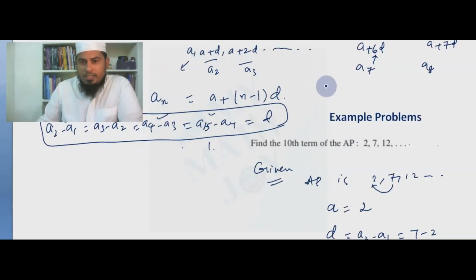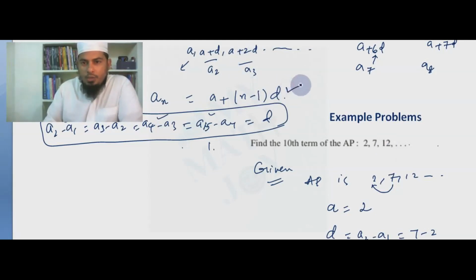Here is the very first example problem. Find the 10th term of the AP, where the AP is given by 2, 7, 12, and so on. Whenever the AP is given, you should take from the AP the useful things which are used in our formula.